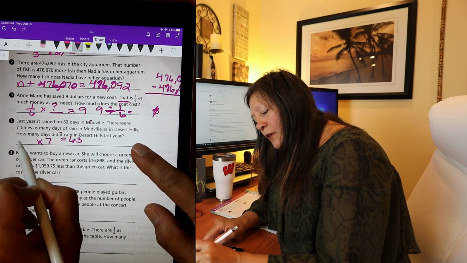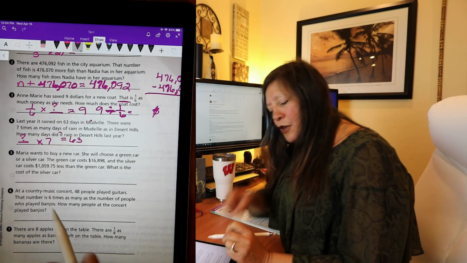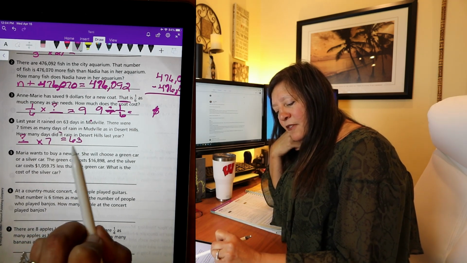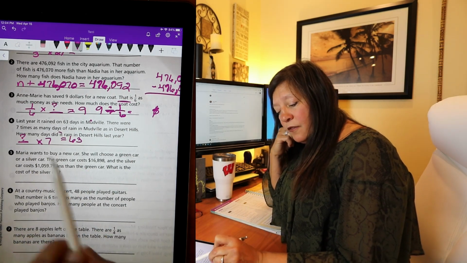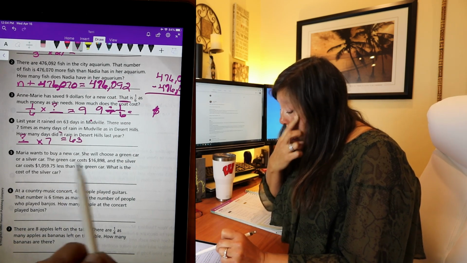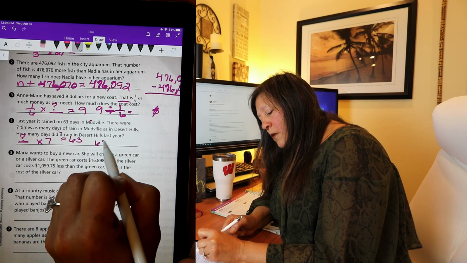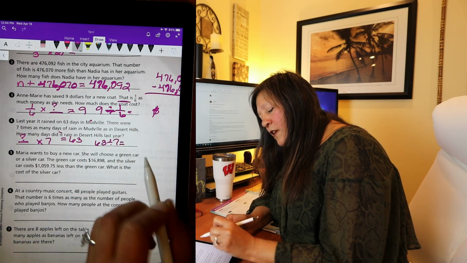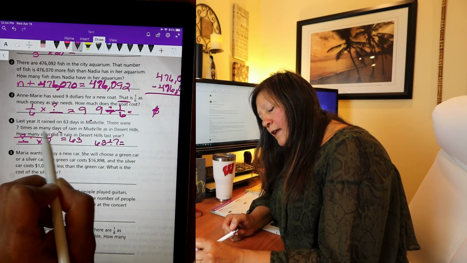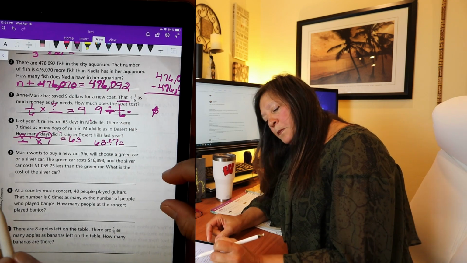So we don't know how much it rained in Desert Hills. That's our unknown. So some number times 7 equals 63. Solving for an unknown factor, take your product divided by the factor you do know. 63 divided by 7 is going to give you how many days it rained in Desert Hills.